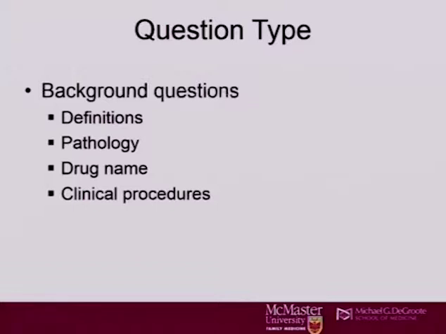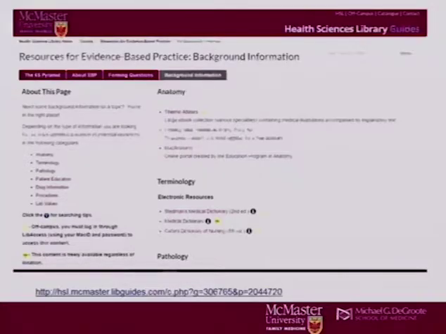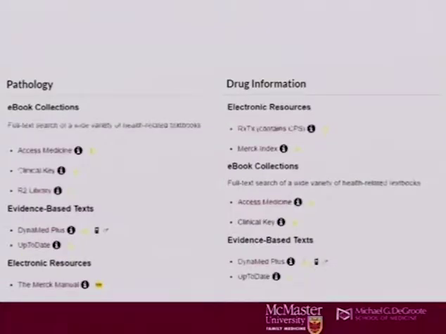The background question might be you're seeking simply a definition, understanding the pathology of a disorder more, what are drug names to treat a collection of disorders, or what is the current clinical procedure on a given disorder. For these questions, I recommend, again, looking to the Health Science Library. They have an excellent collection of background information resources. There you can delve into pathology, definitions, drug information, and resources that are really well suited to answer those kinds of questions.